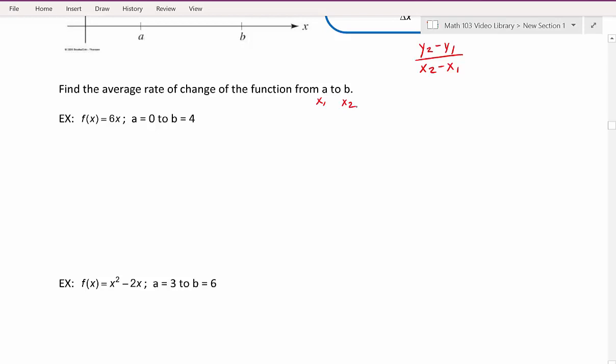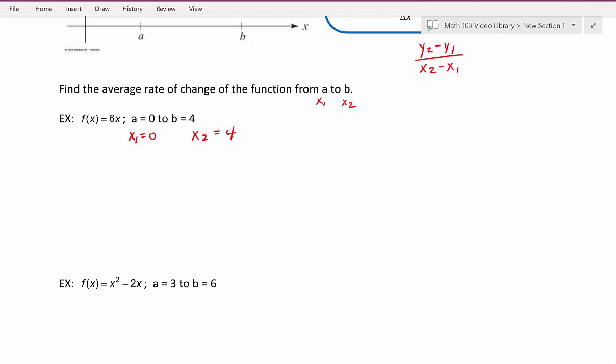We have f of x equals 6x, and we're going from an a value of 0 to a b value of 4. Well, they've given us the two x values. x1 is equal to 0 and x2 is equal to 4. What we don't have at this point are y values. We have to find the y values.